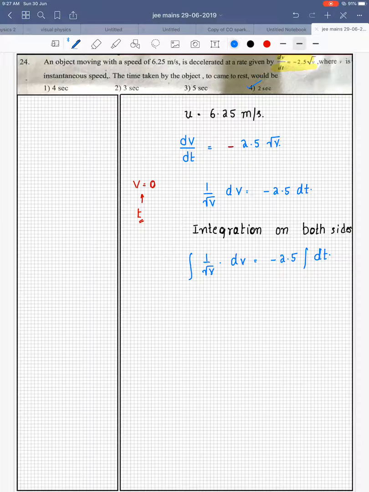Okay, so integral 1 by root v dv. As we know, integral x power n dx equals x power n plus 1 by n plus 1. Similarly, integral v power minus 1 by 2 dv equals v power minus 1 by 2 plus 1, divided by minus 1 by 2 plus 1.